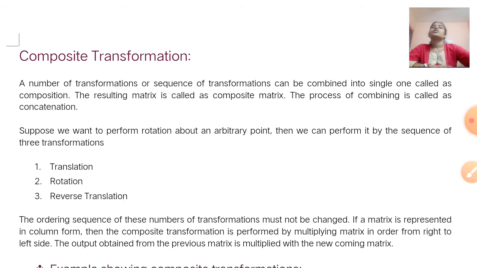Suppose we want to perform rotation about an arbitrary point, then we can do it by a sequence of 3 transformations. First is translation, second is rotation, third is reverse translation.